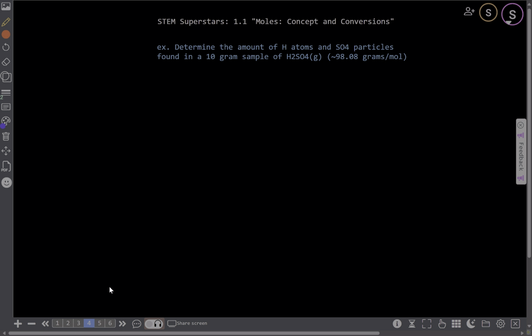So the next question kind of brings in a new concept. But first of all, you're given the molar mass, so you don't necessarily have to calculate for that, which is a pretty nice time saver. So you have your 98.08 grams per mole, and you're going to divide that by your 10 gram sample, the same way we did in the last question, to determine moles of your sample.